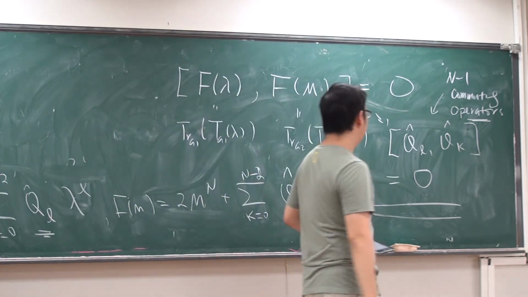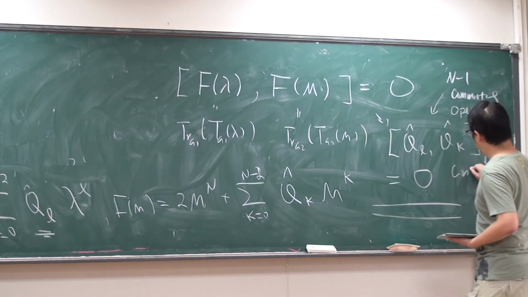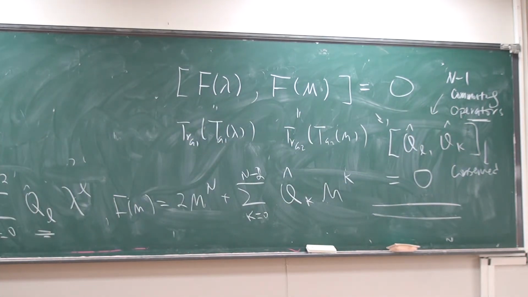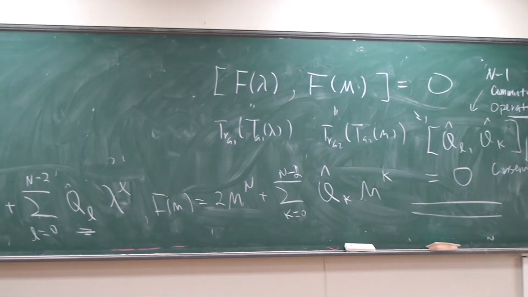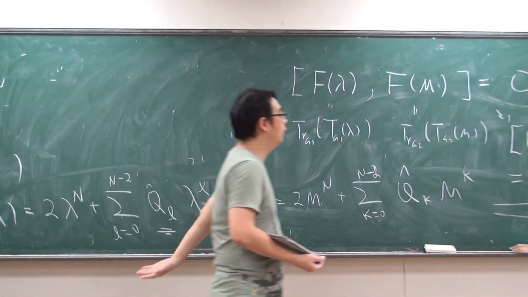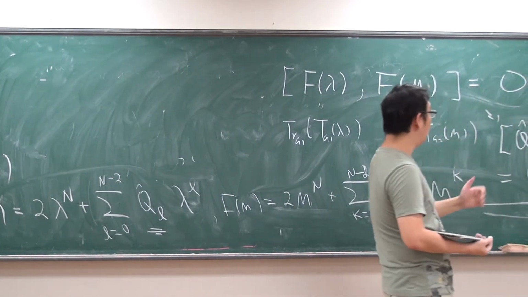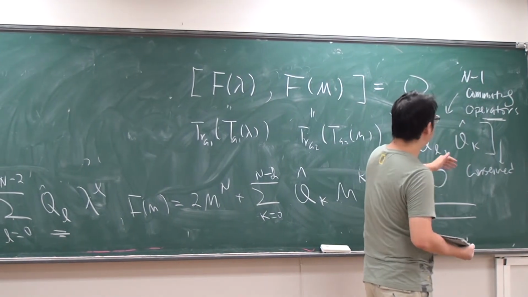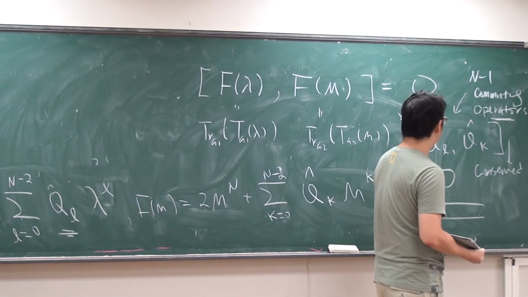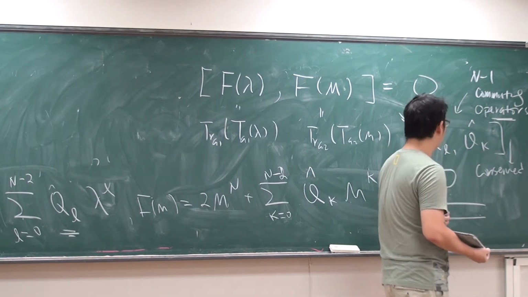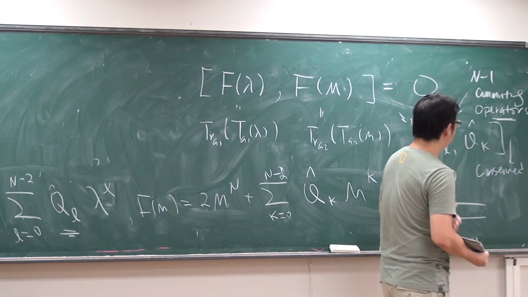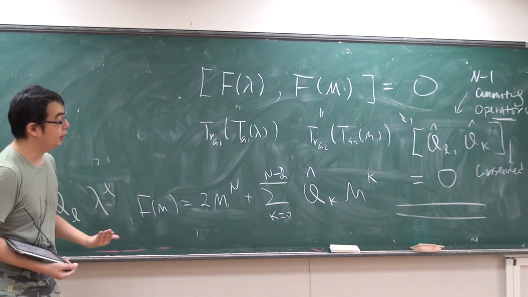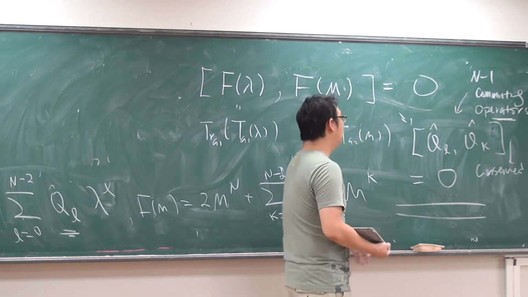To be most precise, to say they are also conserved, we need to show, just like in classical mechanics, that each of those Q's commutes with the Hamiltonian itself. A good way to show this is to demonstrate that the Hamiltonian is a function of those individual commuting operators, and therefore, since they commute with each other, the Hamiltonian also commutes with those operators. So we have n−1 commuting operators.